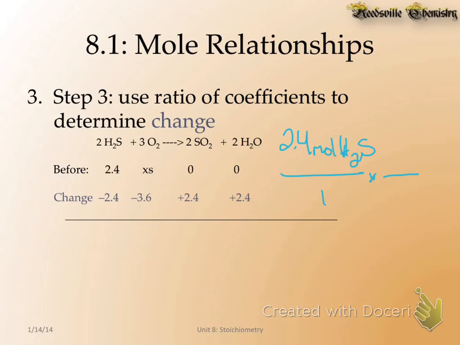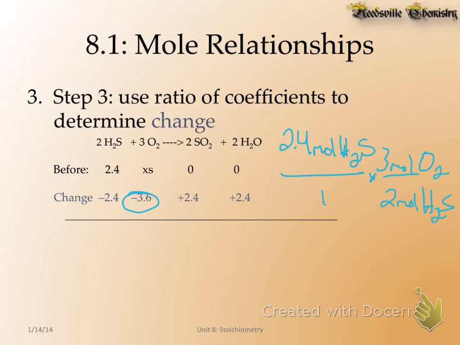Everything should look like a nice fraction. Now you need to look at the ratios. For every 2 moles of hydrogen sulfide that react, you're going to react 3 moles of oxygen. We want to get rid of hydrogen sulfide because we are looking to fill in this area right here. So for every 2 moles of H2S down here, we're going to react 3 moles of oxygen.